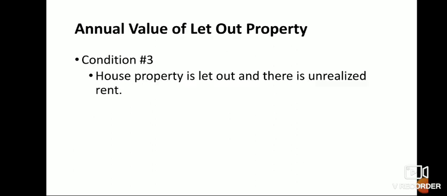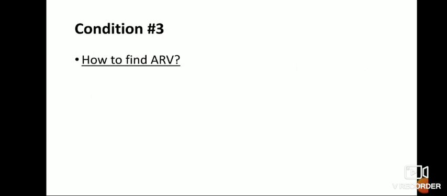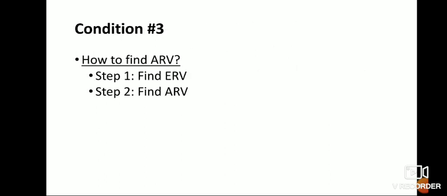Third condition. Here the house property is let out and there is unrealized rent. That means the house property is not vacant, but the owner did not get the amount of rent in some of the months. That means the tenant has not paid the rent in some of the months. Same, how to find ARV?